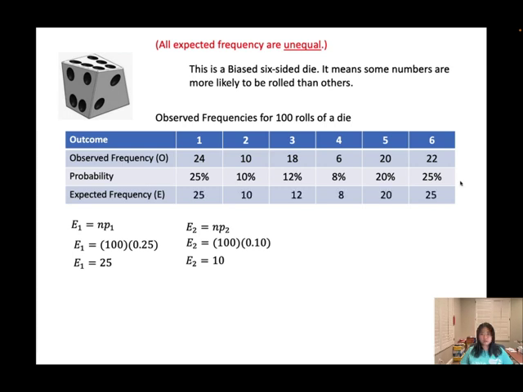Okay, check on your work. You should have this one. No matter whether your expected frequencies are equal or unequal, when you add up this number here, it should be equal to your n. So double check your work.